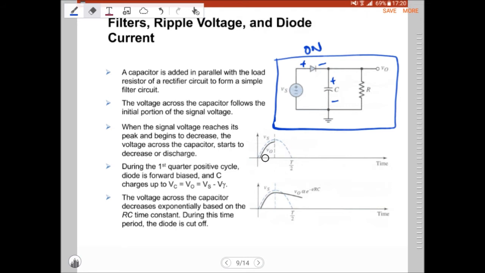Once the voltage reaches its peak and begins to decrease, you have fully charged the capacitor. But now the voltage at the capacitor is more than the input voltage, because the input voltage is going down.